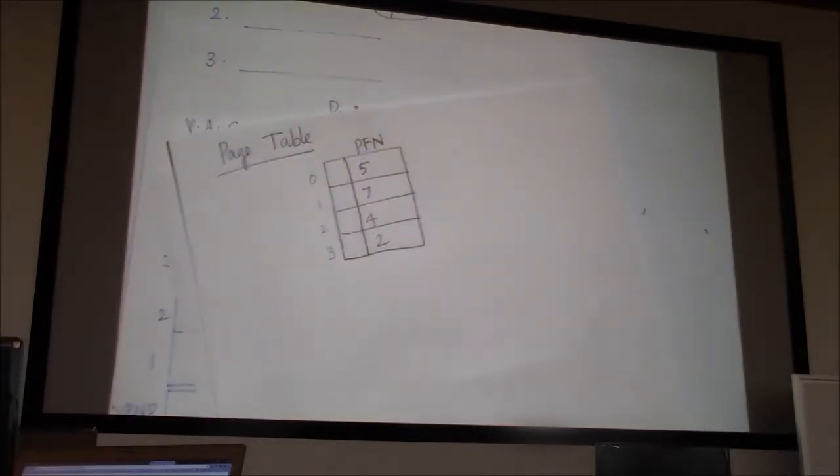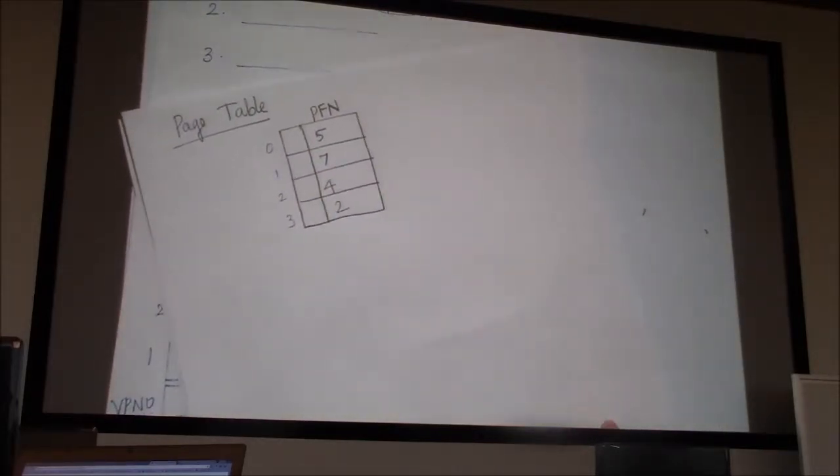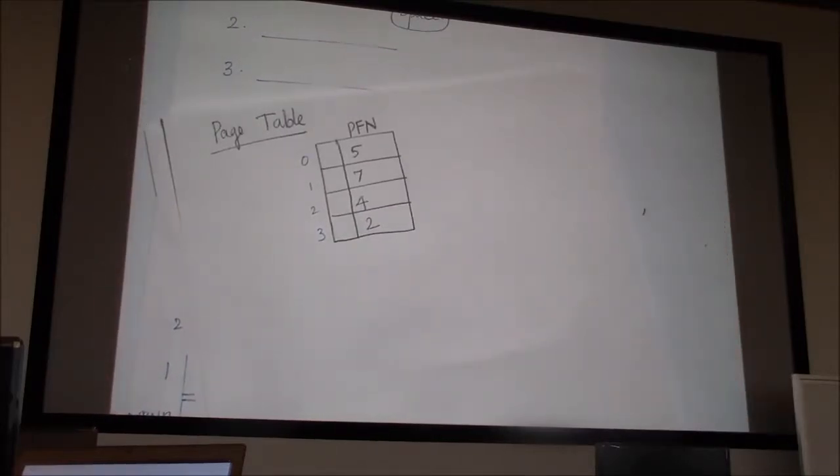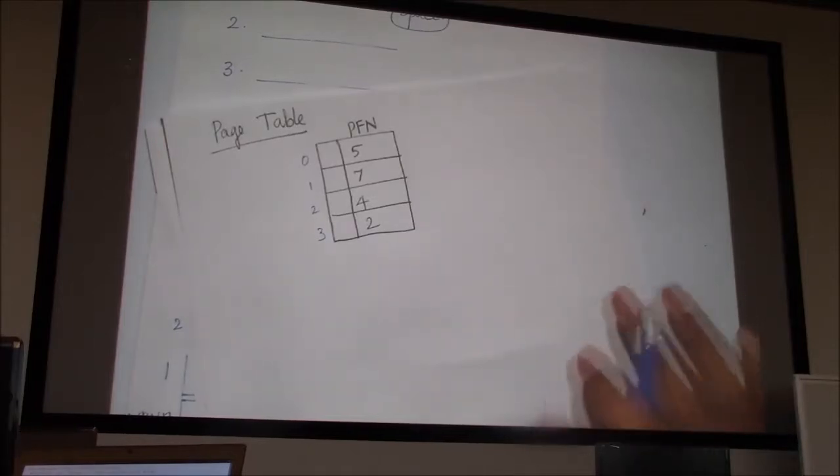Maybe try keeping your hand on the side rather than the middle. Okay, let's just try this.